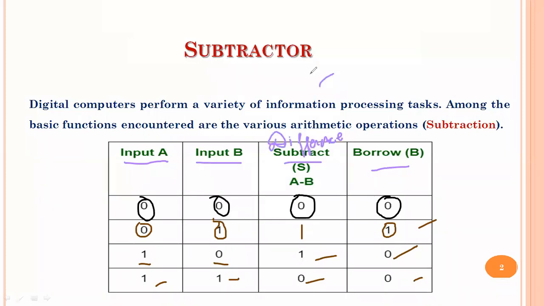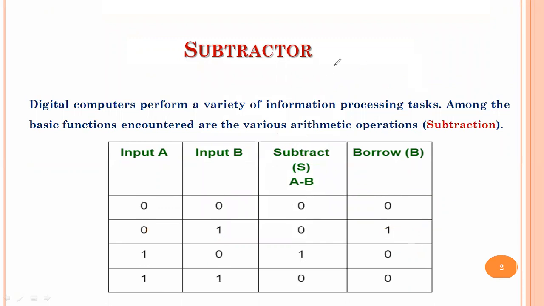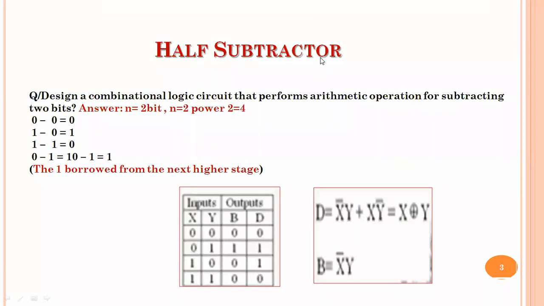Okay, so let's see the equations of it. Two variables are given, so there are four input combinations.